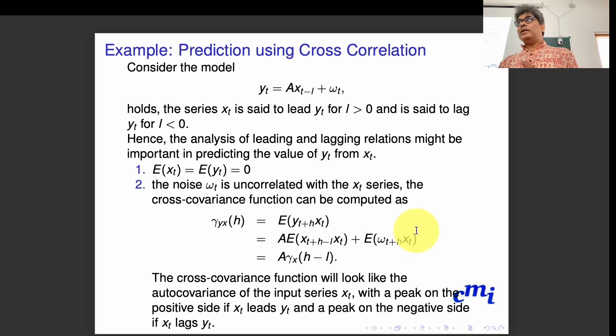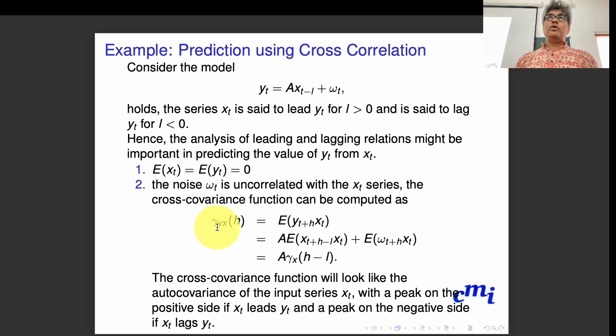We are assuming omega_{t plus h} and x_t are uncorrelated, so the second part is 0. I am left with this term. Now what is this? This is the autocovariance function of the X series itself, at lag h minus L.